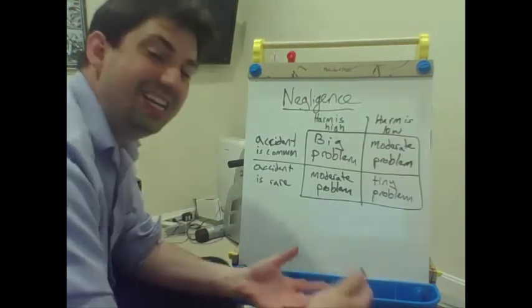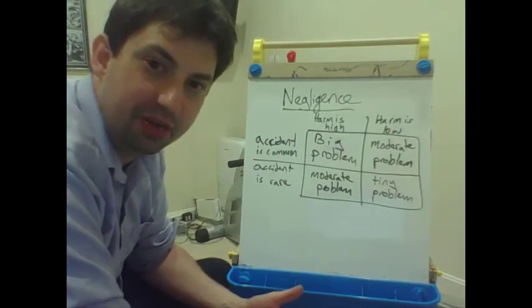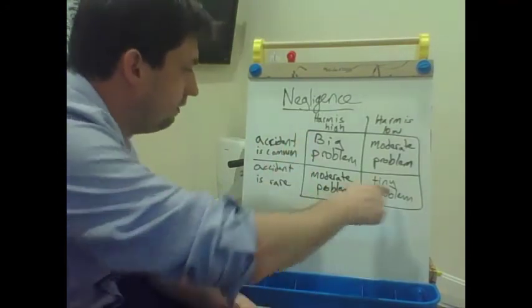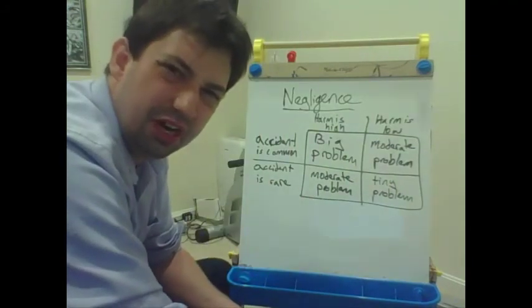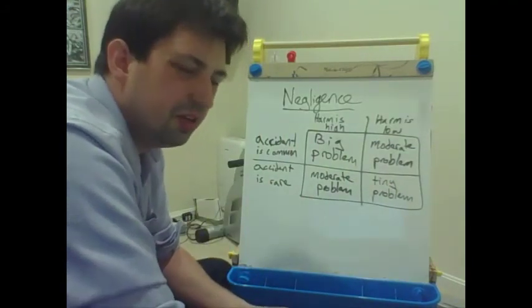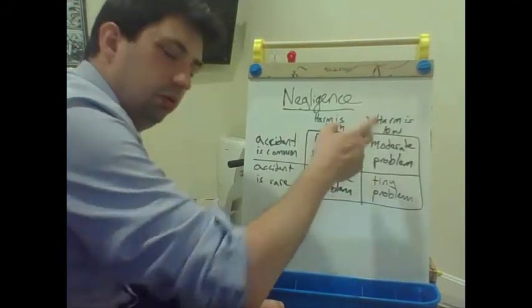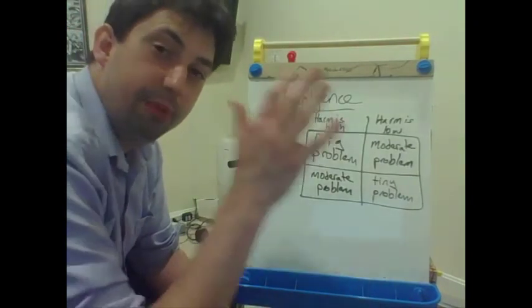So for common and dangerous accidents, it makes sense to hold the company negligent. You really screwed up. For rare small problems, it doesn't really make sense to hold the company negligent. That's not really a big deal. For these two, maybe. But let's go even deeper.